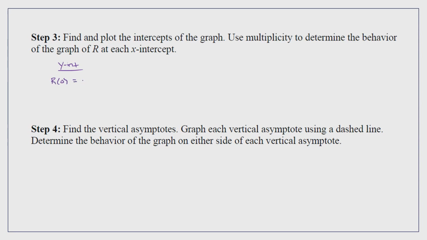If we substitute x into our rational function, we get 0 minus 1 divided by 0 squared minus 9, which equals 1 over 9. So this gives us the ordered pair 0, 1 ninth. Now for the x-intercept, we set r of x equal to 0.